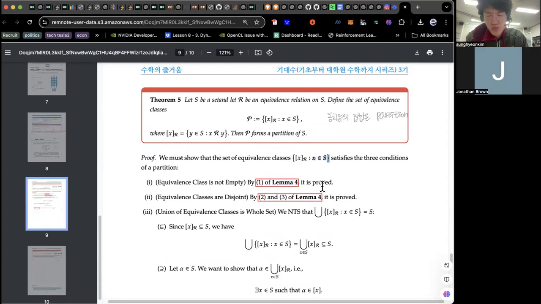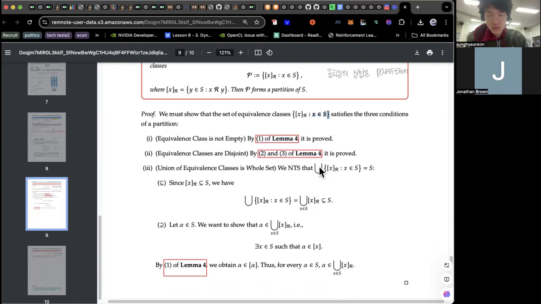And then equivalence classes are disjoint is also coming from lemma 4. That was: if two equivalence classes share any elements, they share all elements, and if they don't share any elements, they're disjoint. That's the abbreviated version. So you already have parts one and two of proving that the set of equivalence classes is a partition. You just need the union of equivalence classes to be the whole set. So now you're on part three.